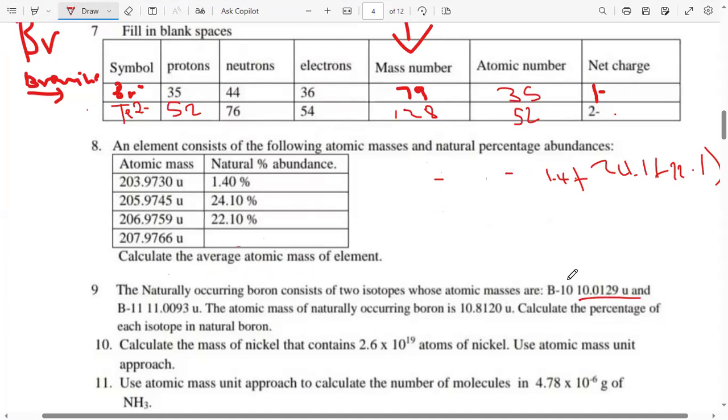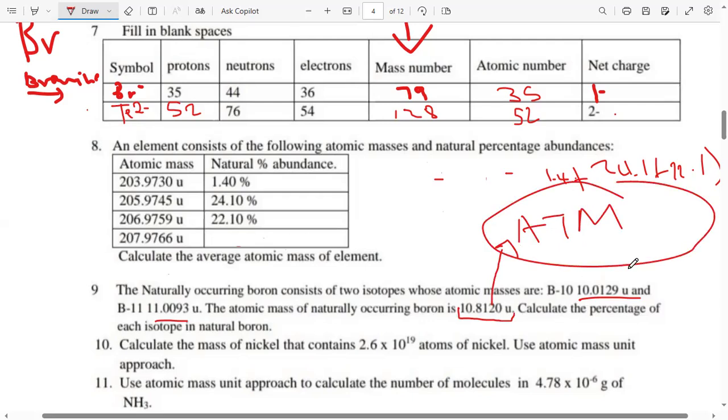They are saying for boron 10 it is that, for boron 11 it is this, and then the atomic mass of naturally occurring boron. If it's naturally occurring, we're saying it is our average atomic mass. So here you have the average atomic mass, the mass for one isotope and the mass of the other isotope. And then here we are calculating the percentages.